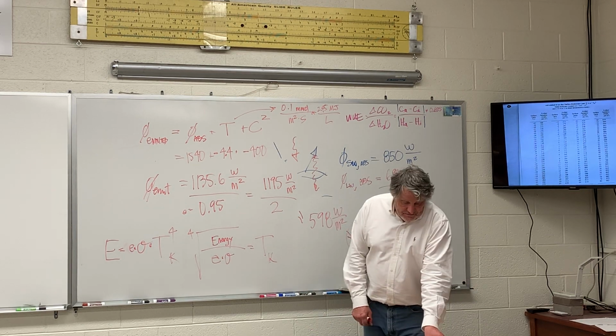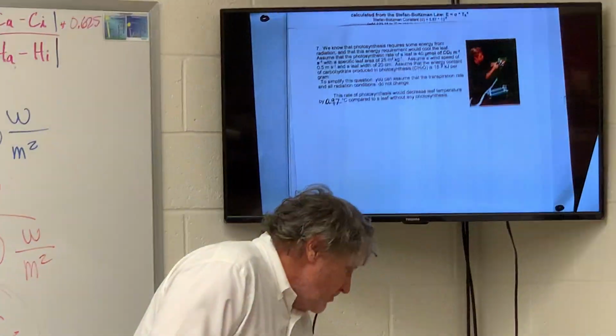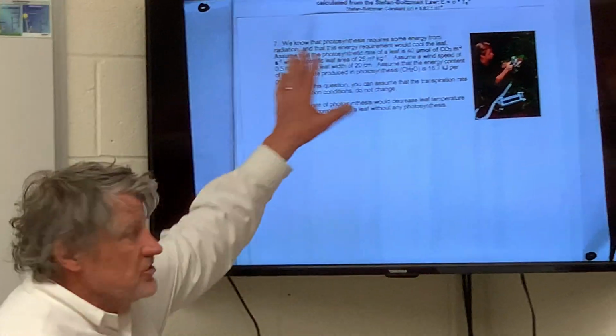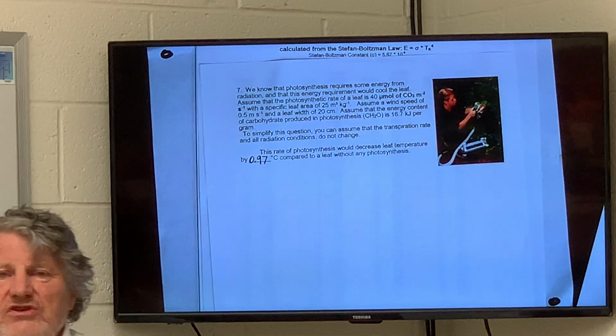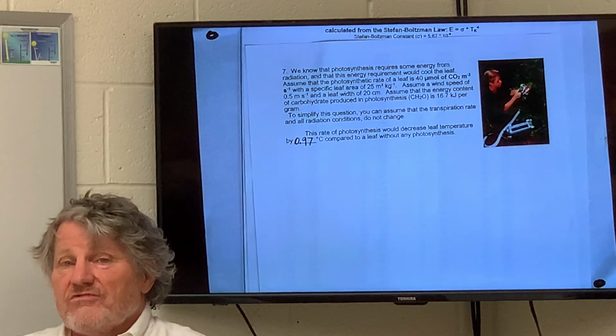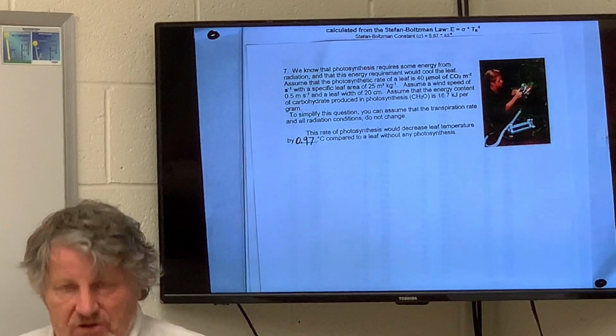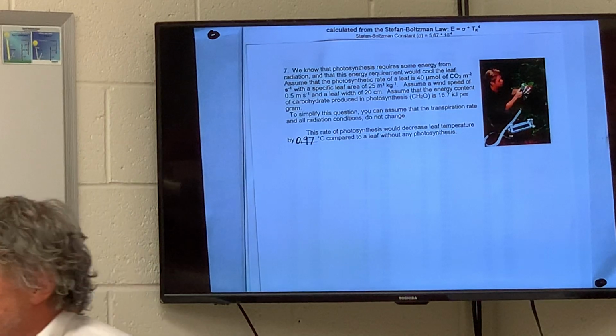Question 7. This question asks us, since some of the energy goes into photosynthesis, how much does that cool off the leaf? It's energy it doesn't have to get rid of because it's going into photosynthesis.